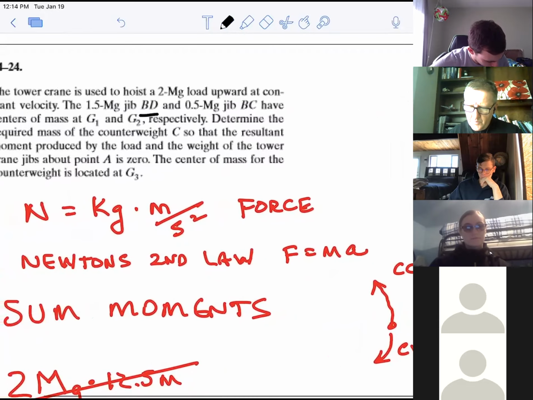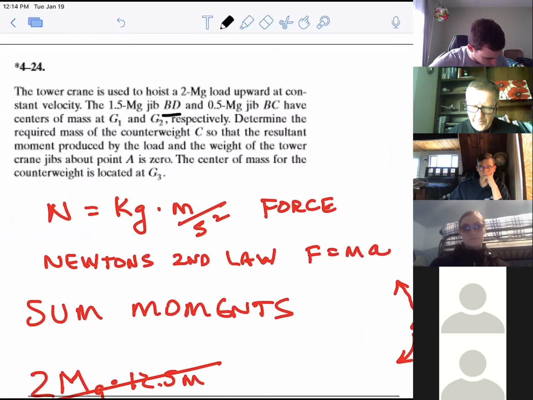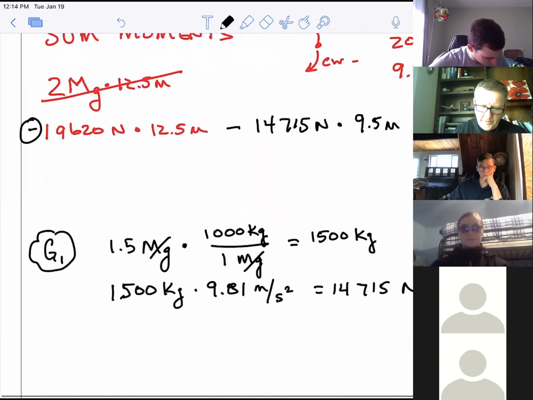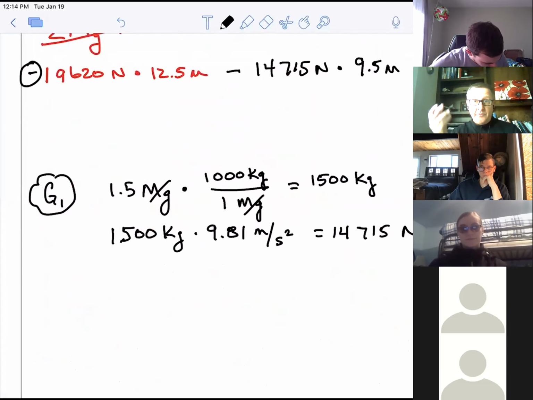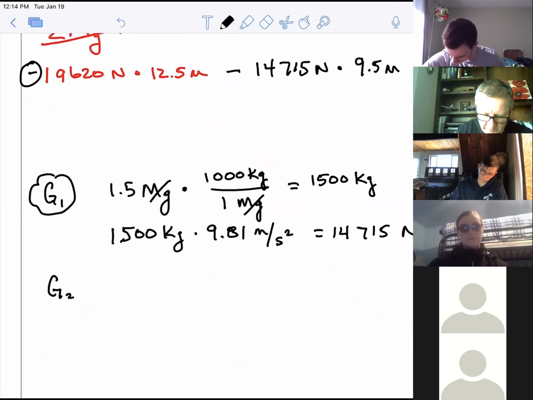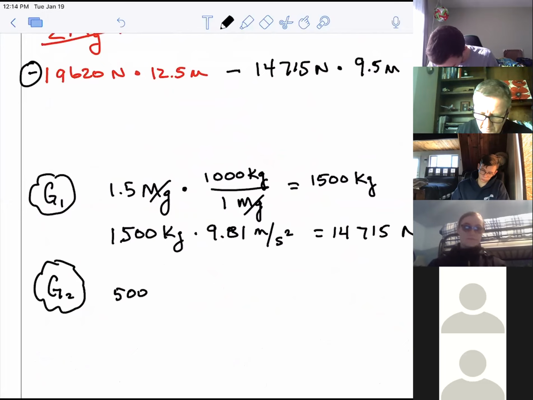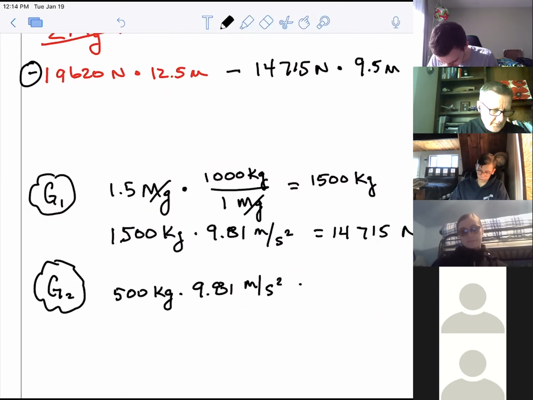Yeah, so G2. Do you agree with that? G2. So I'm looking at, notice I renamed jib G because now I realize there's two jibs. And again, I'm trying to just model how you think about these things and how you write your work. So if that's 0.5, that'd be 500 kilograms times 9.81 meters per second squared. 500 times 9.81 is 4905.